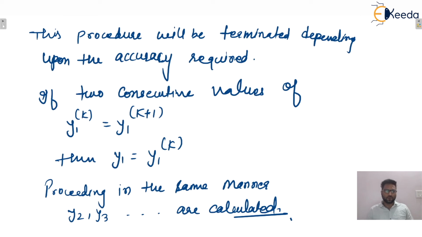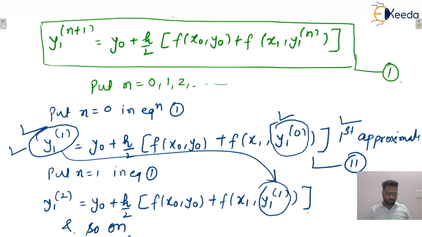Previously you can see we are getting y1 superscript 1, then y1 superscript 2, then y1 superscript 3, and so on. That will be the procedure. If at some stage two consecutive values of these y's are equal, then we stop there, and that will be the answer. In the next lecture we'll see one example, and with that particular example, everything will be clear to you guys.